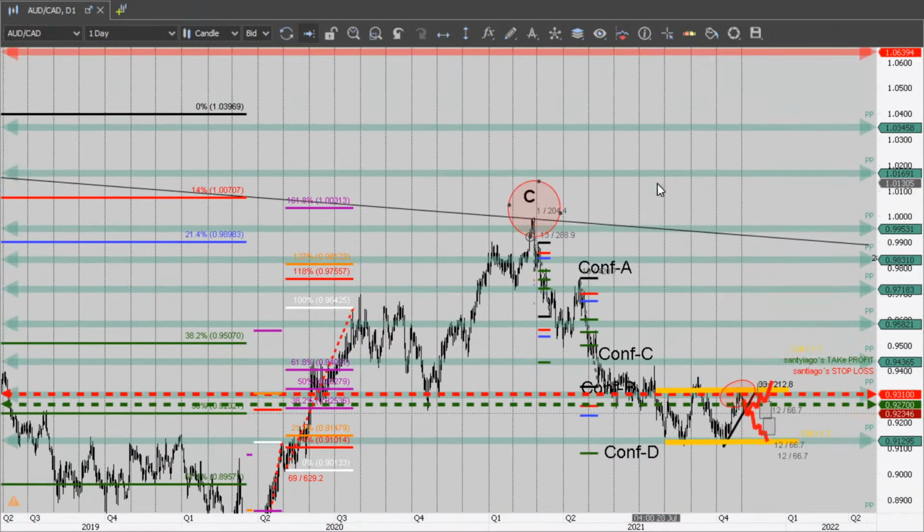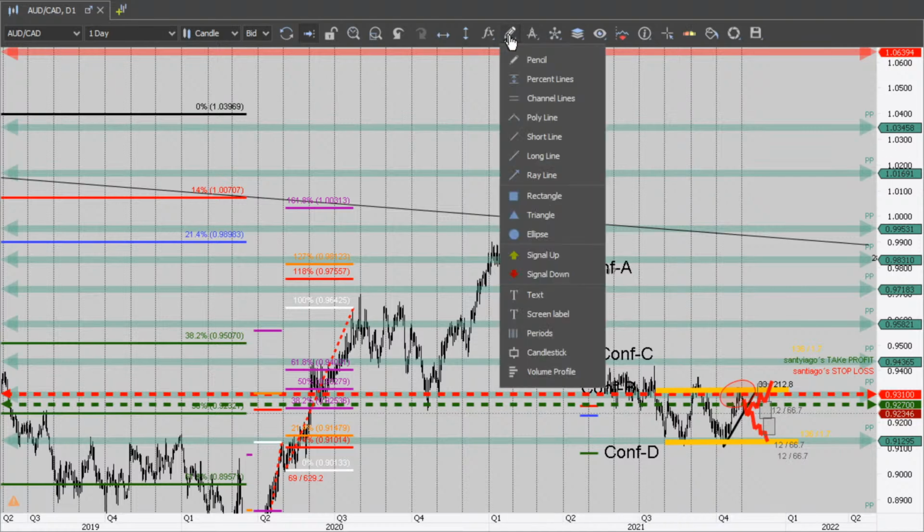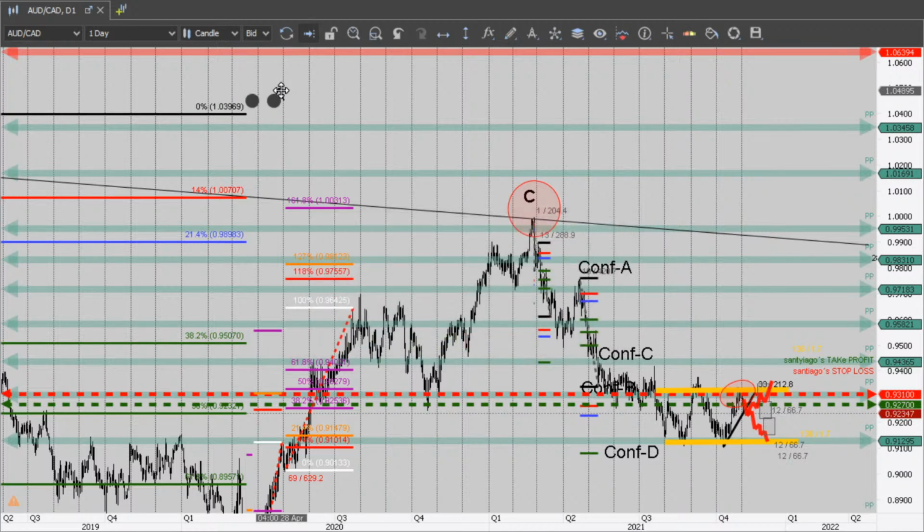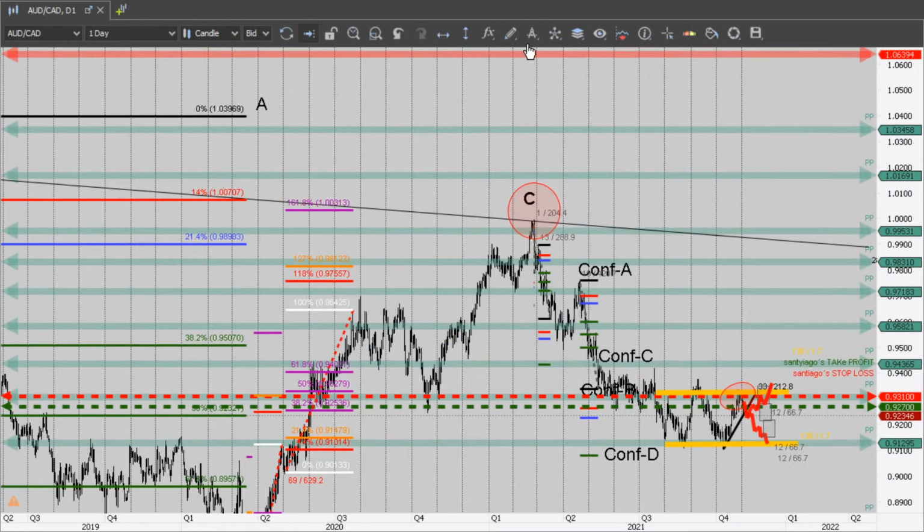Yes or no? Yes, this is the A up in here. This is the A level and this is the projected extension here. This is the sub D from the contrarian.